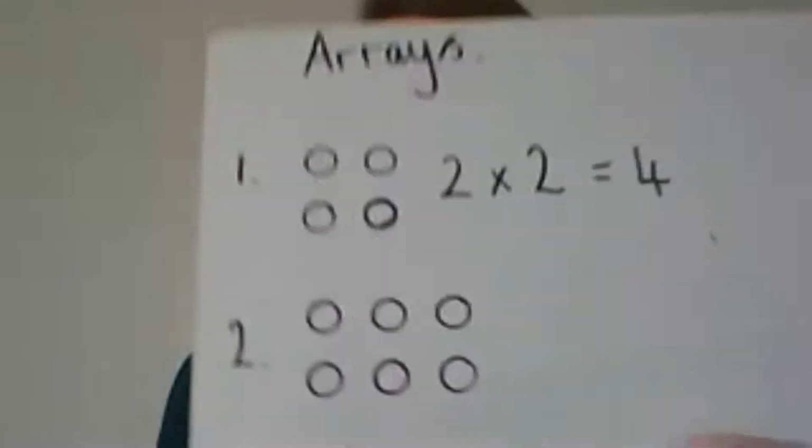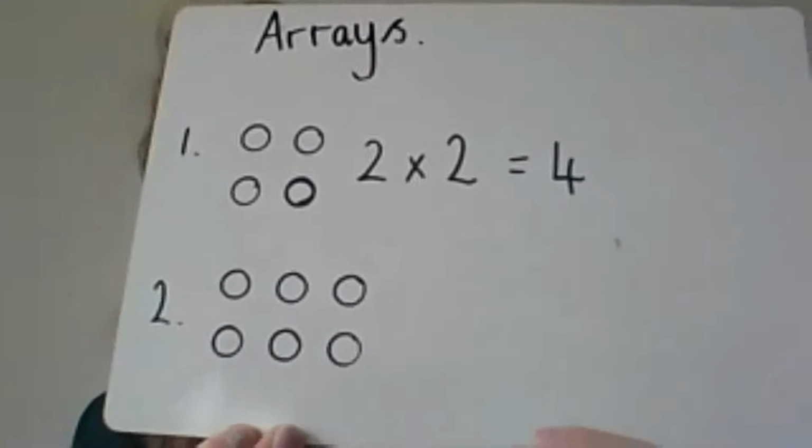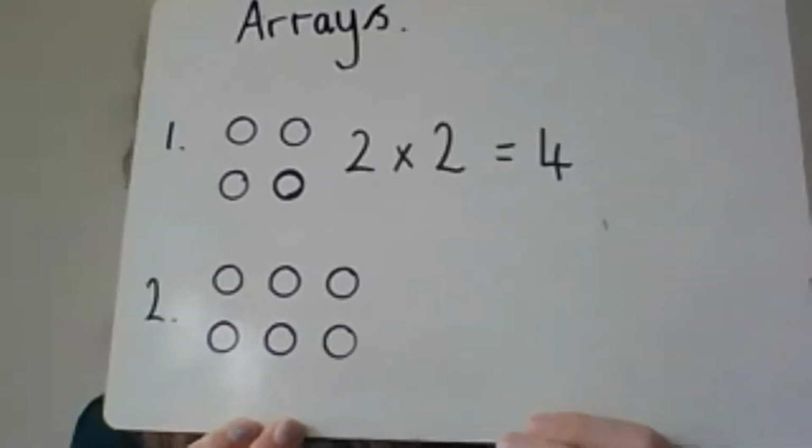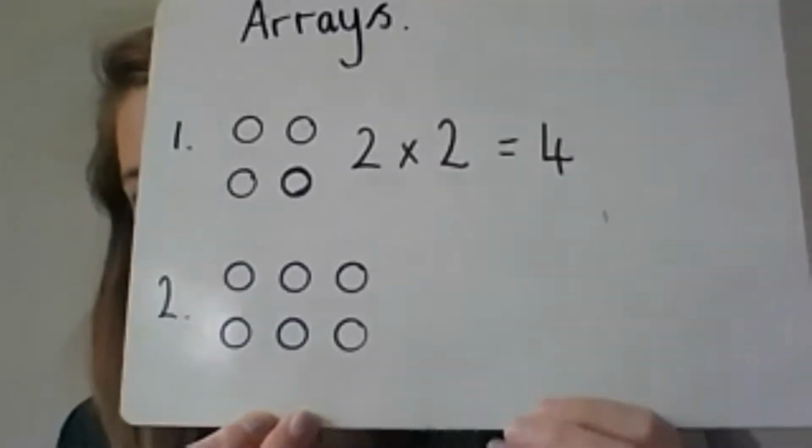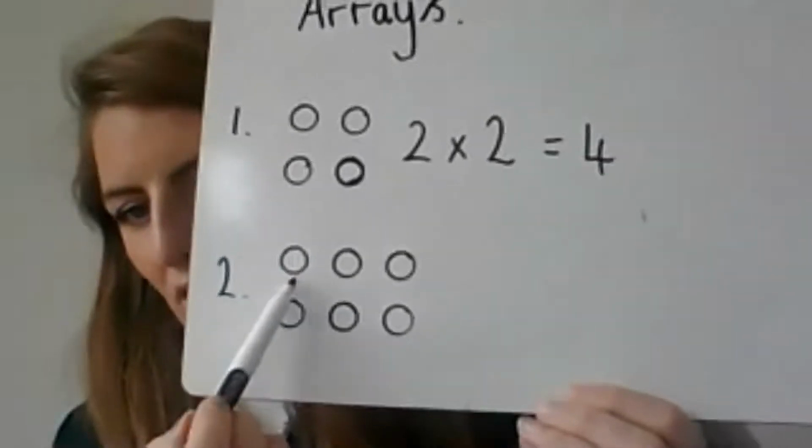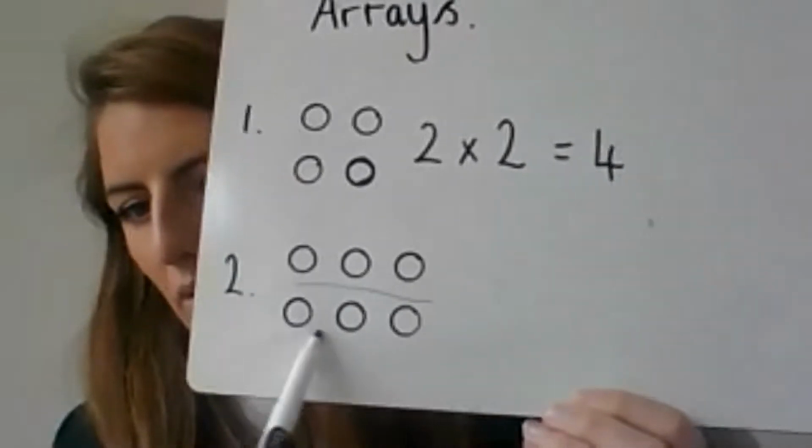Okay, the next one, we don't need to count up in twos or in ones. We can count up in threes because there's 3 in each row.